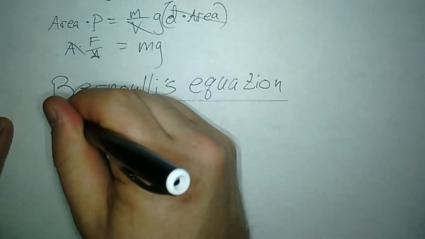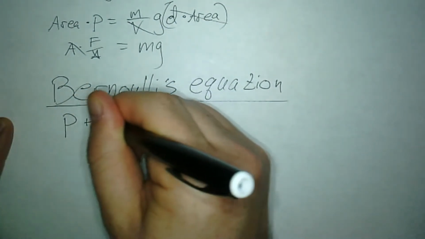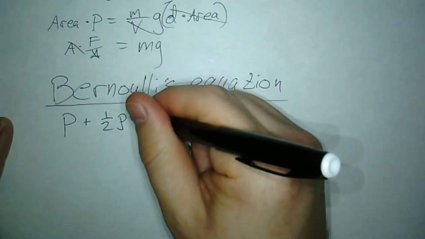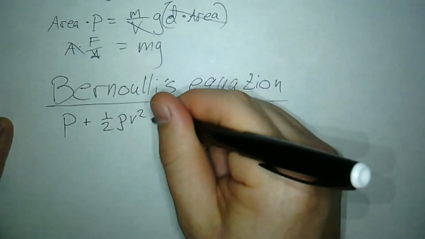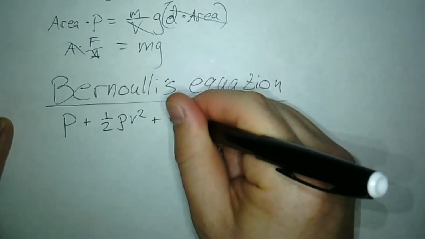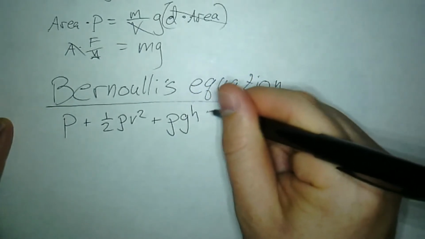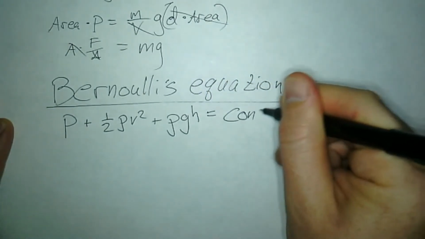So Bernoulli has told us that pressure plus the dynamic pressure, this is what this term is called, plus the static pressure, as this term is called, is equal to a constant for a given fluid.